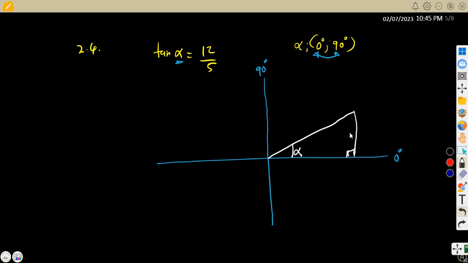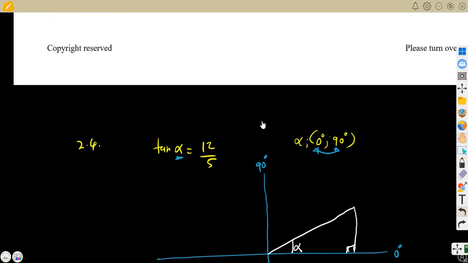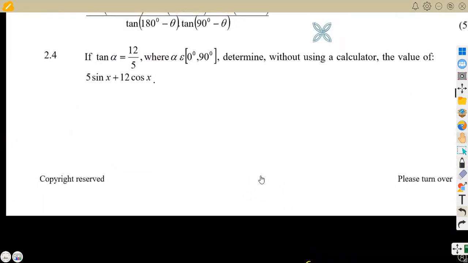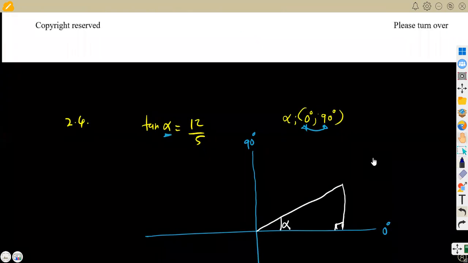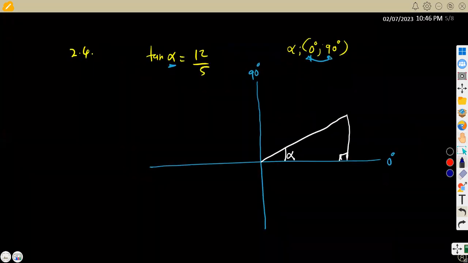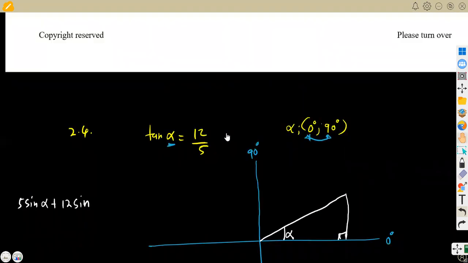So what can we do now on the diagram? In order for us to simplify the value that we are asked, which is 5 sine alpha, not x, but alpha. So we want to find the value of 5 sine alpha plus 12, was it still sine or now cos?